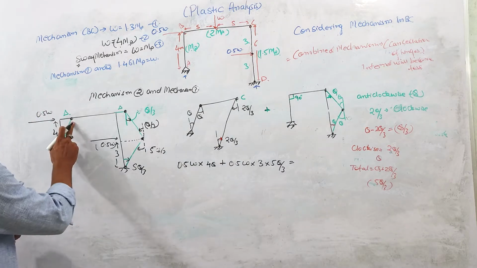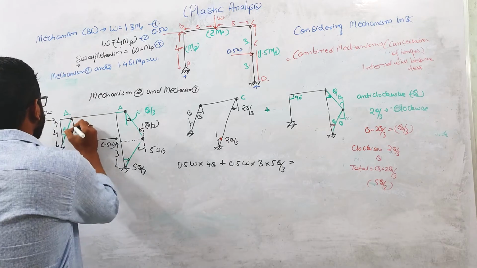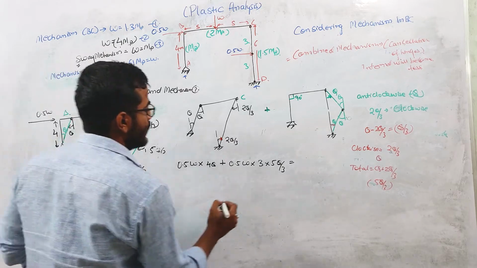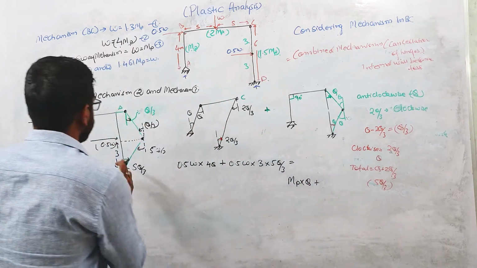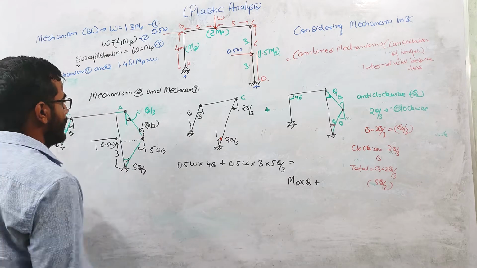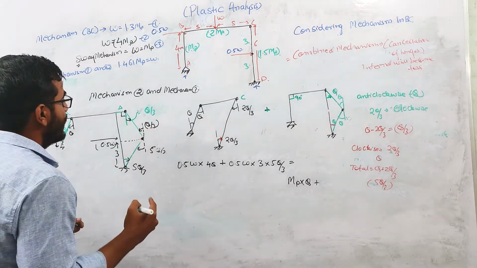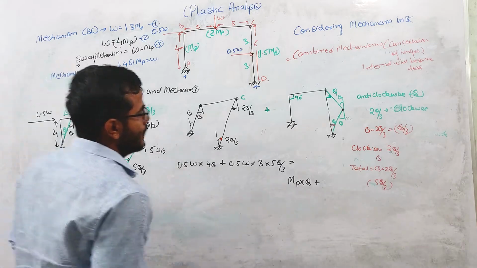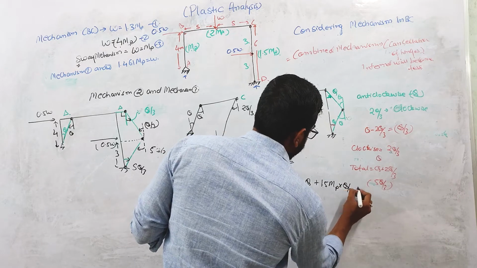Internal virtual work done will take place at the hinge locations. So here the work done will be MP into theta, MP into theta, plus coming to this point, the net rotation at this point is theta by 3. This angle is 90 degrees, so for an angle more than 90 degrees we need to consider 1.5 MP into theta by 3, right?